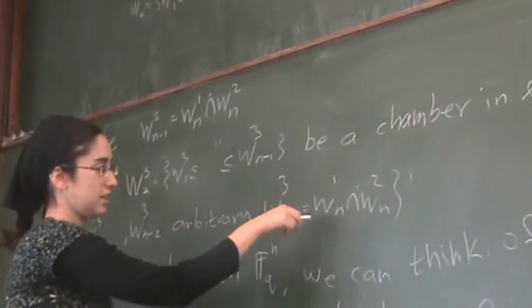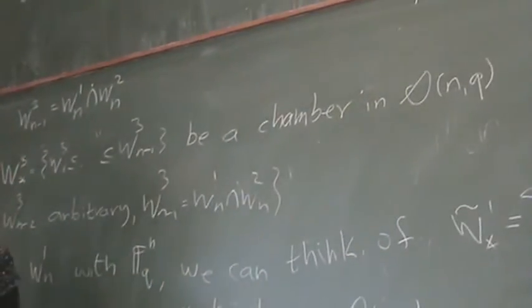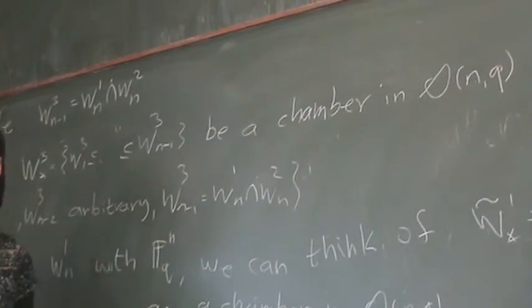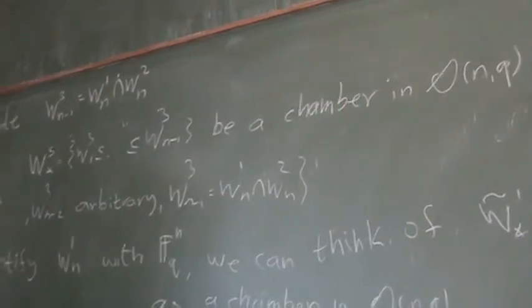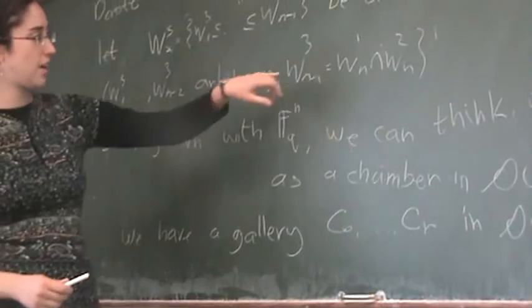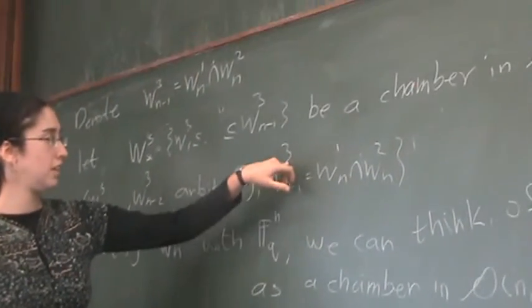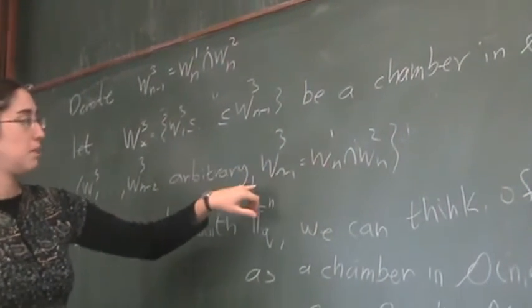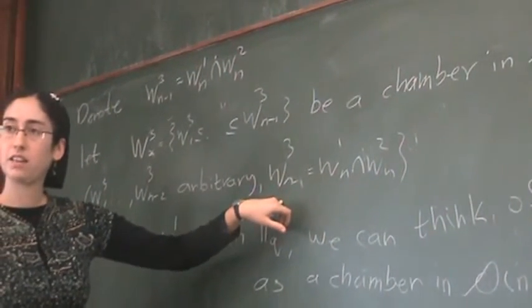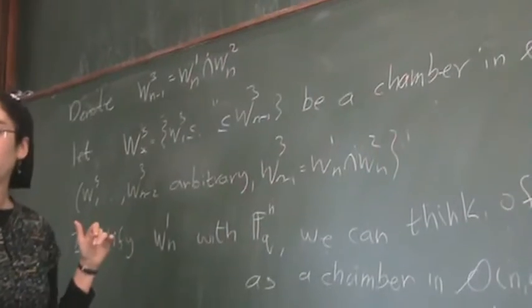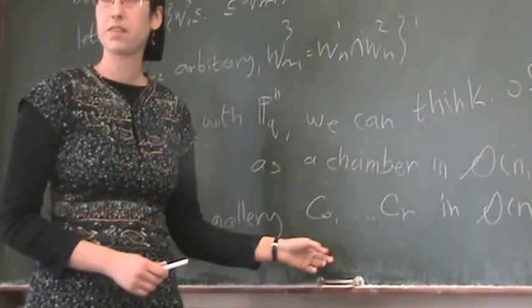W3(n-1) is Wn1 intersection Wn2. Instead of choosing it completely arbitrarily, you choose it this way. W3(n-2) will be W(n-1),3 intersected with W1(n-1), and so on. And then this gallery will be of length exactly n minus 1.